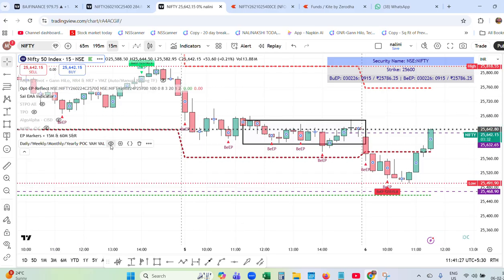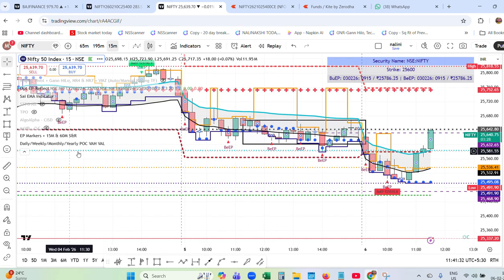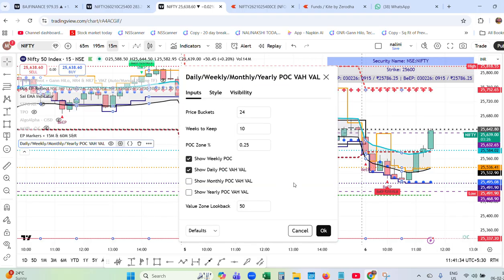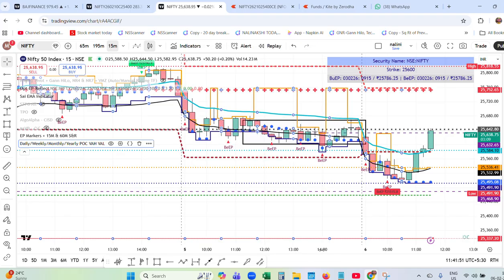Now I will enable my POC indicator. If I enable the POC indicator, let me take out the option zone. Only one plot I will keep, two plots I will keep, okay.